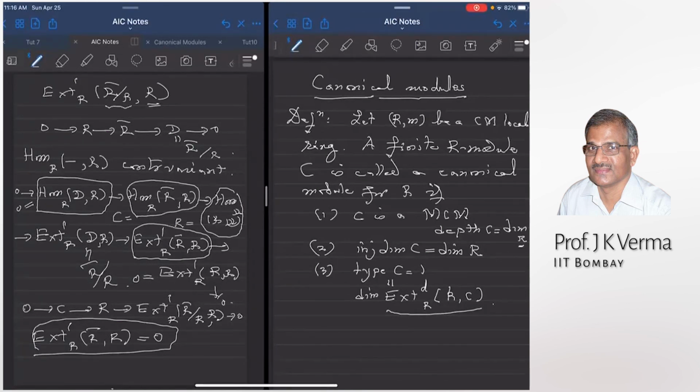Its dimension is the measure of complexity of this ring, and when it is one-dimensional, then we get the best kind of rings, and these are the best modules, and so these are called canonical modules. Now we will prove that a canonical module, if it exists, is uniquely determined up to isomorphism. Any 2 canonical modules are isomorphic. This is one of the theorems that we will prove.